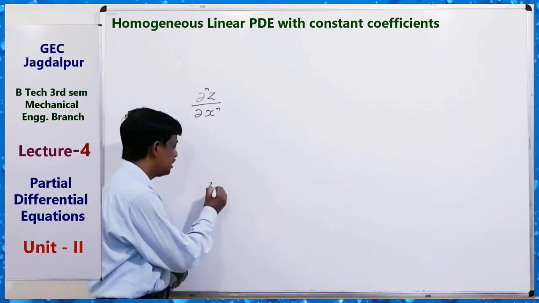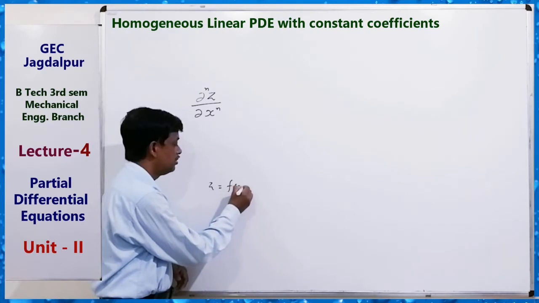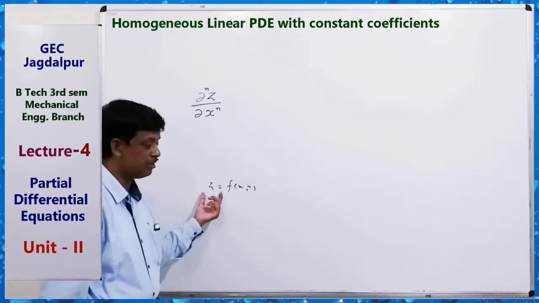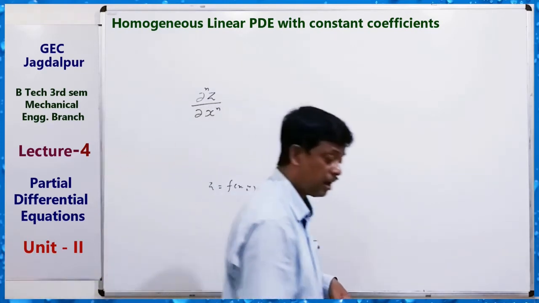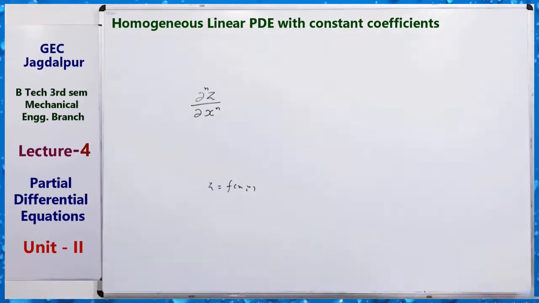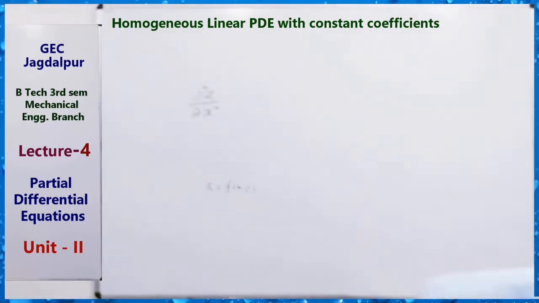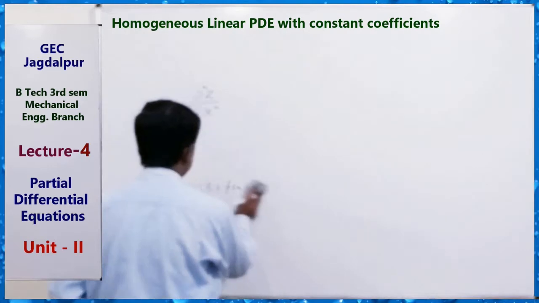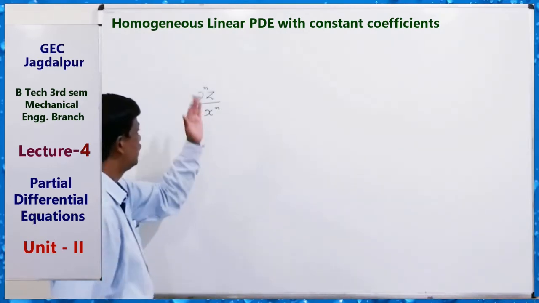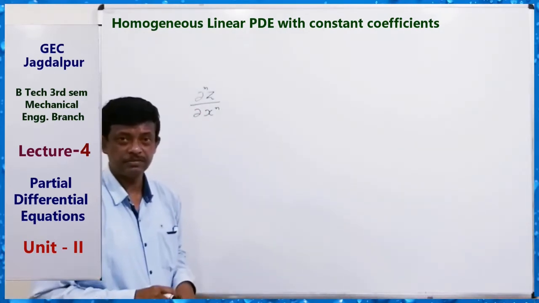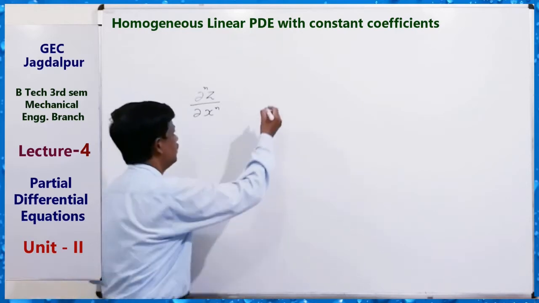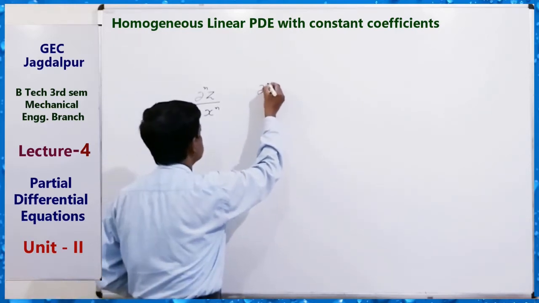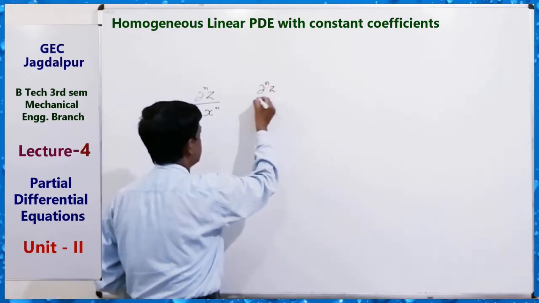Here we are supposing z is a function of x and y, z is the dependent variable, and x and y are independent variables. So this is an nth order partial derivative, and this is also an nth order derivative.